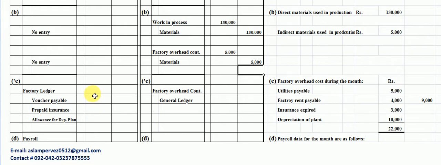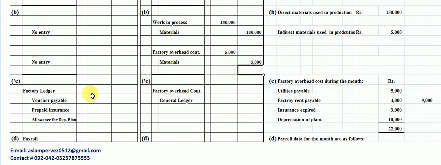Students, in the book of head office, the factory ledger is debited because all the expenses which occurred in the factory are settled by the head office.